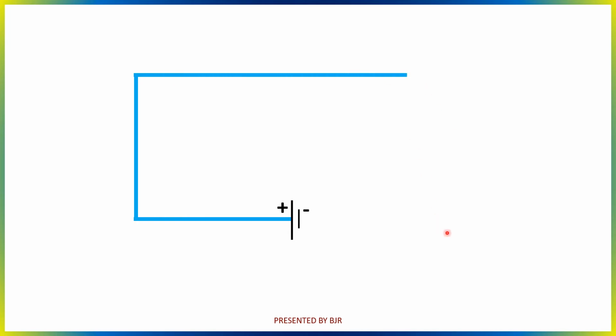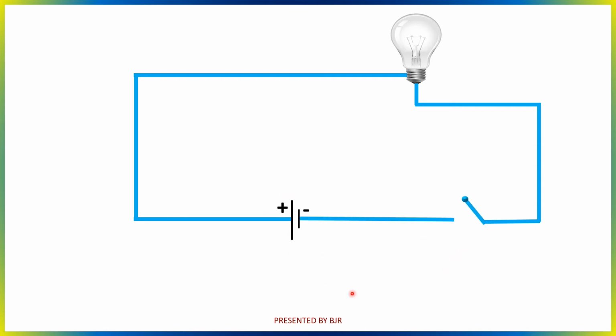If more than one cell is connected, it is called a battery. So this is the symbol for a battery. Now I am going to connect the same circuit, the earlier circuit, by using the battery symbol. The only thing I changed in this circuit is the symbol of the battery.